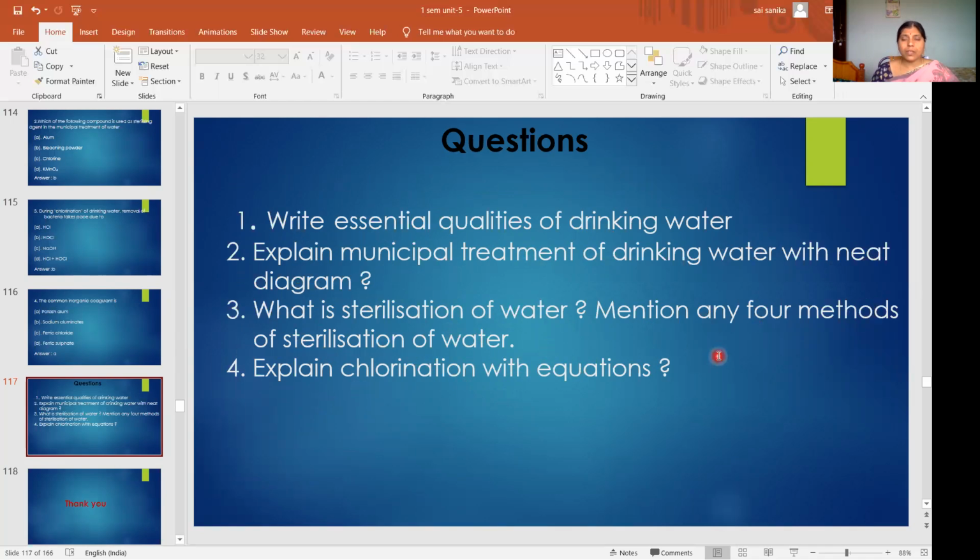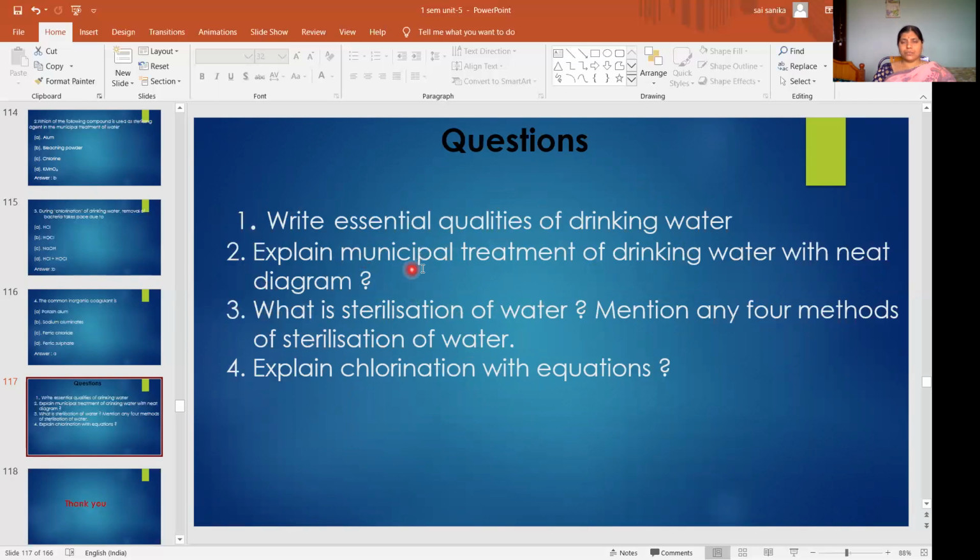Among these, the most frequently asked and maximum repeated questions are: write essential qualities of drinking water, and sterilization of water. And the municipal treatment of drinking water with a neat diagram is for the essay question.